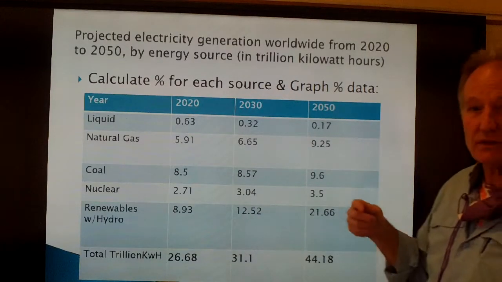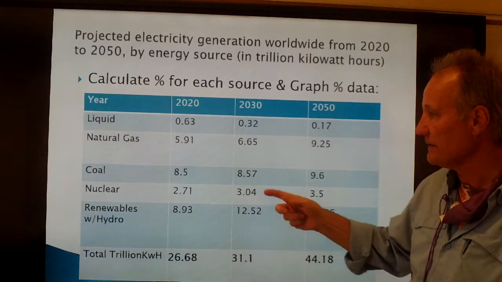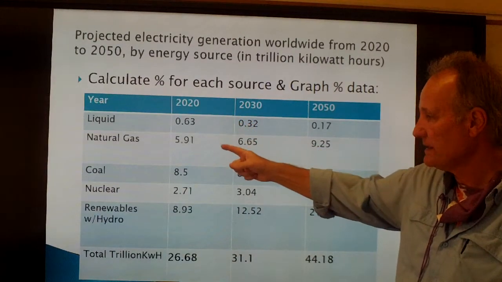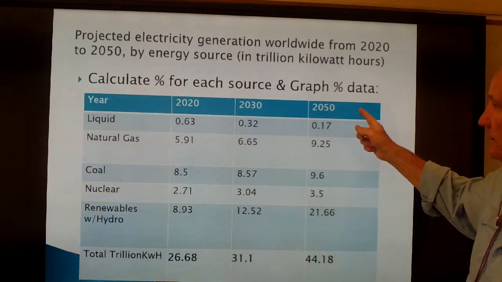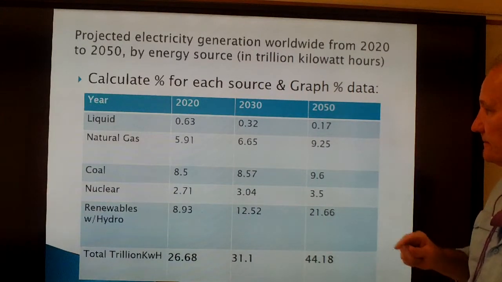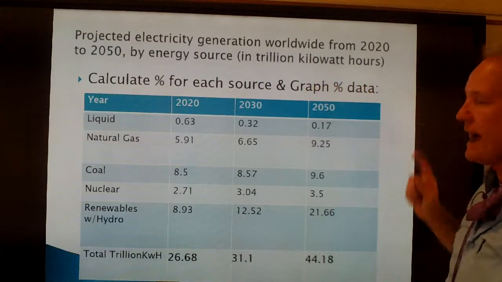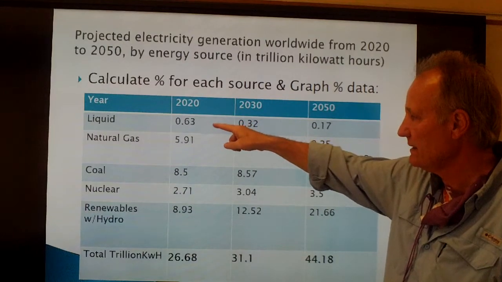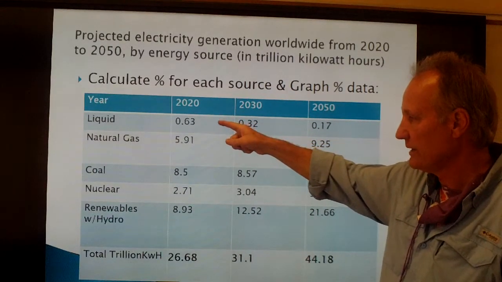Okay, so as we look to the future, where are we going to get our energy and our electricity? Well, liquid gas or natural gas in 2020, so this is the trillion kilowatt hours, okay? So here are trillion kilowatt hours in 2020, we're getting 0.63 trillion kilowatt hours from liquid gas.